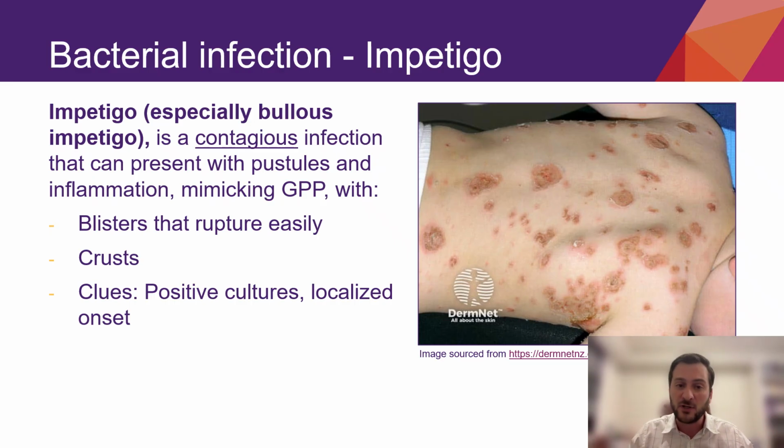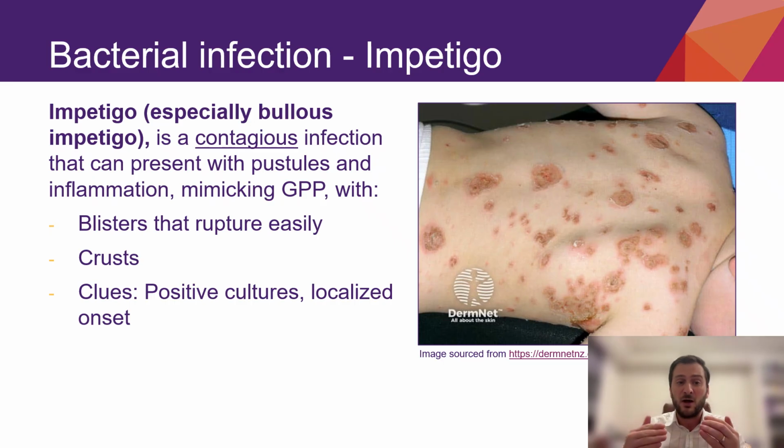So this is very challenging in the emergency department scenario, to not start empirical antibiotic therapy, even if you have a strong clinical suspicion of GPP, because you will always fear that this patient has an infection.